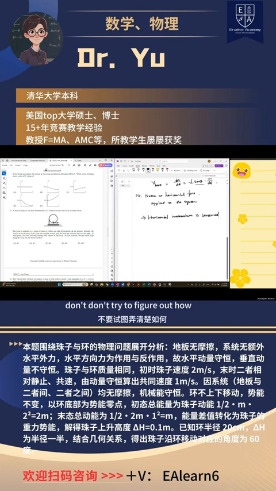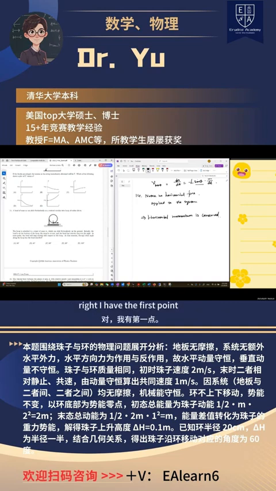Don't try to figure out how the bead and the hoop will move with respect to each other. It's too complicated. I can't imagine what's going on, how the object is moving, how the system is moving. It's very hard, but it doesn't really matter.